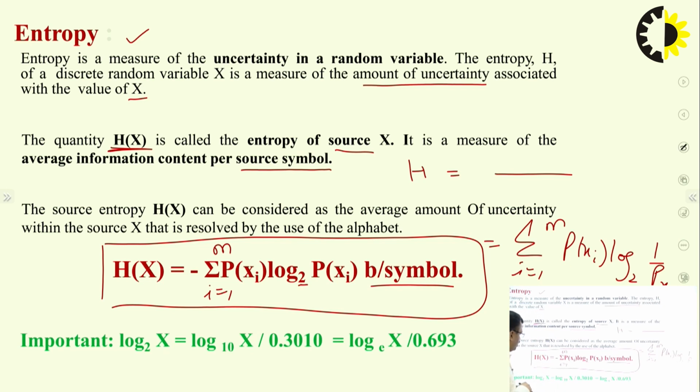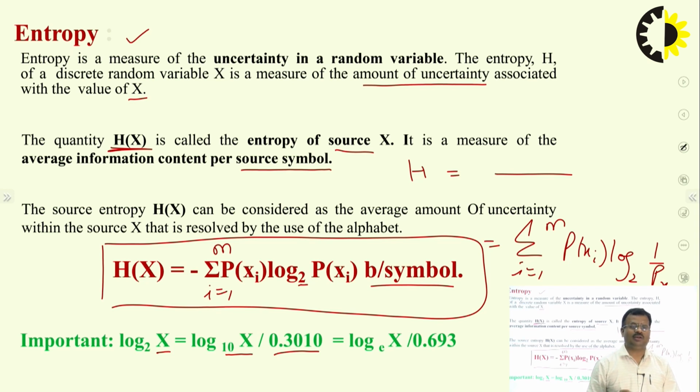Now the question is how you solve the log of base 2. So log base 2 of x will be equal to log base 10 of x upon 0.3010, or log base e of x upon 0.693. So you can convert to log base 2 for any value.